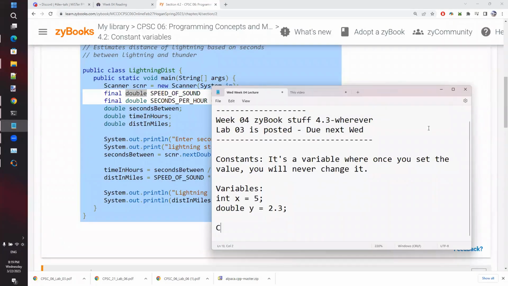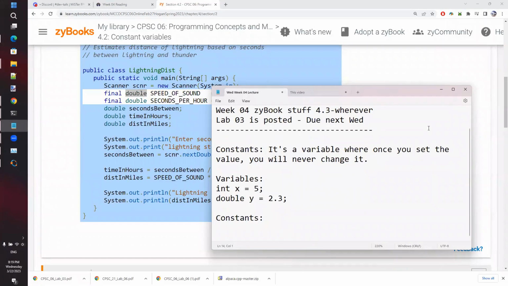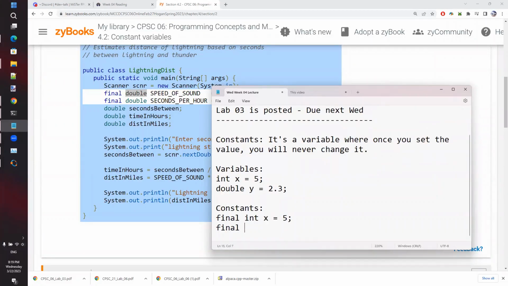If you want them to be constants, then it would just be final int x equals 5. Final double y equals 2.3. So you just add the word final in front of them, and then they're constants.